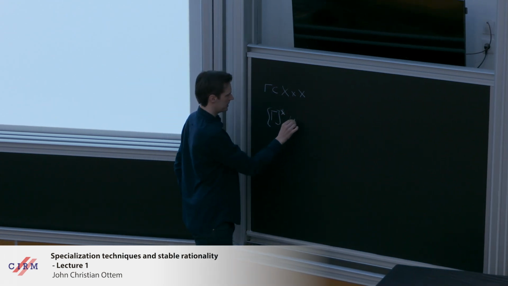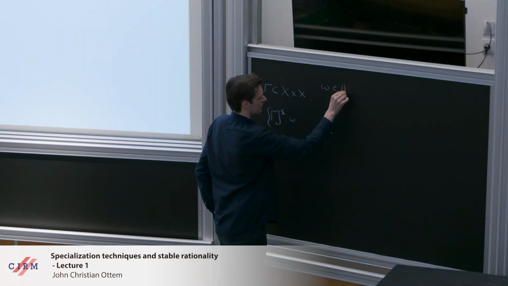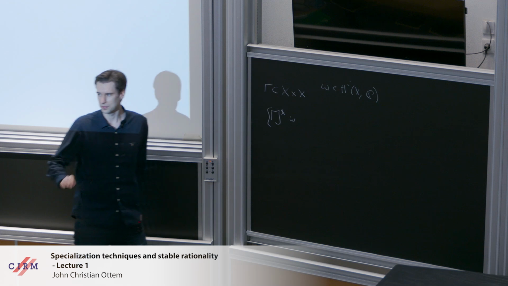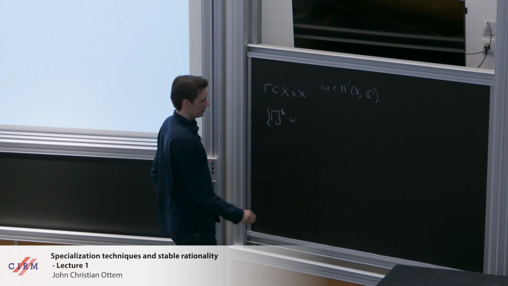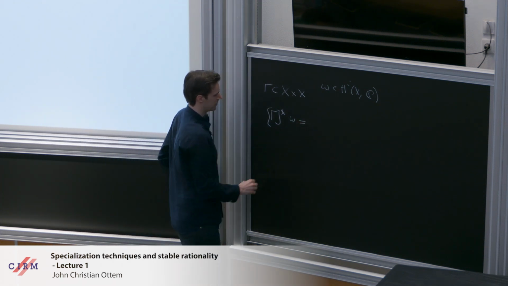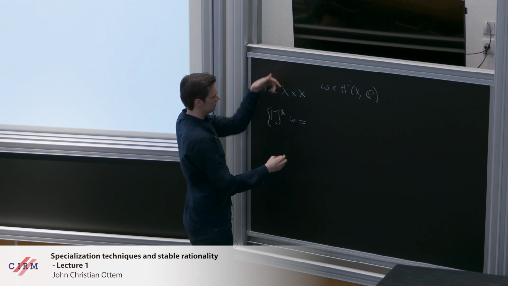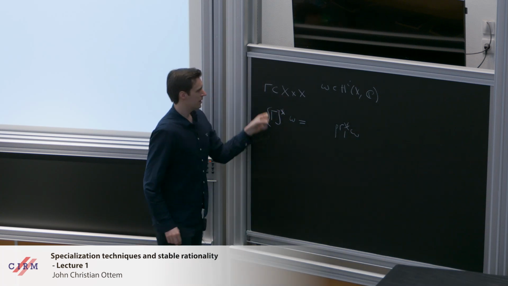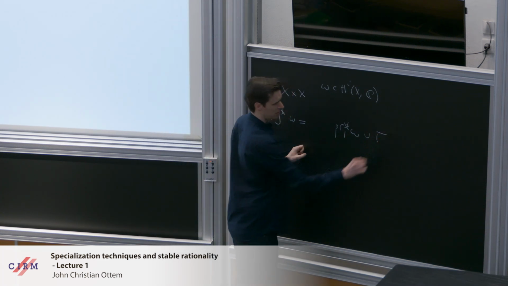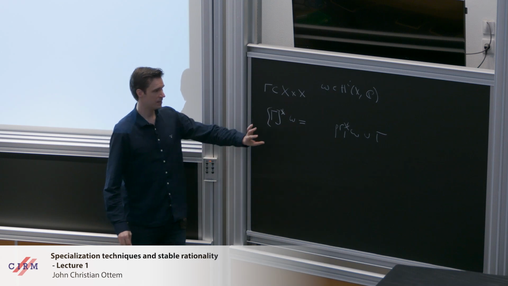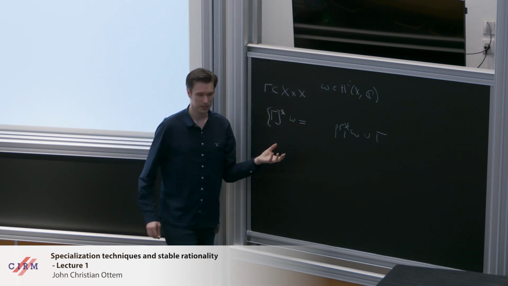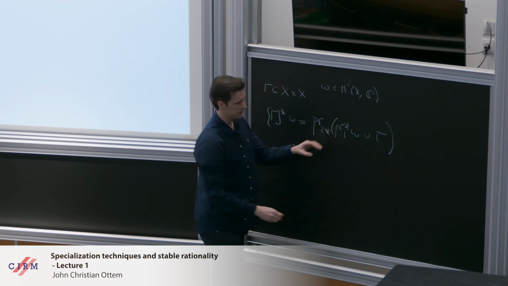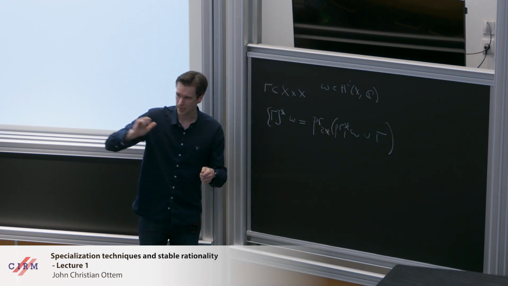So you take some class, and let's work with just complex cohomology. Then you're supposed to pull the class back. So you take the first projection, then take the cup product with gamma, and then you can take the Poincaré dual, and then you push forward.